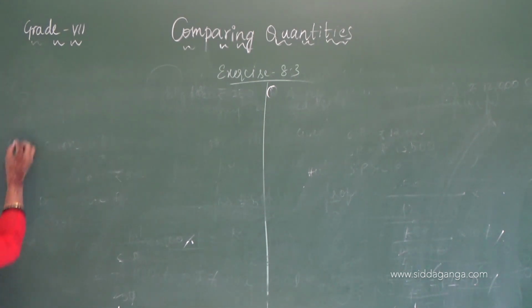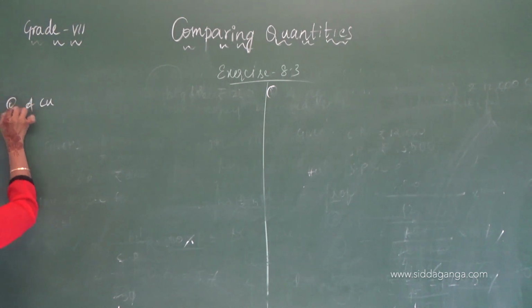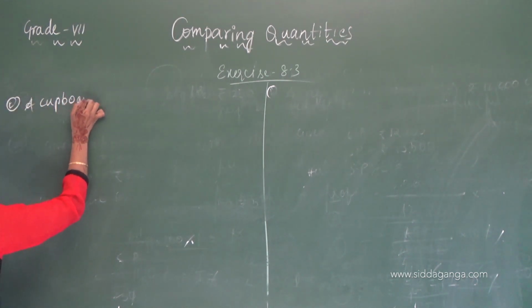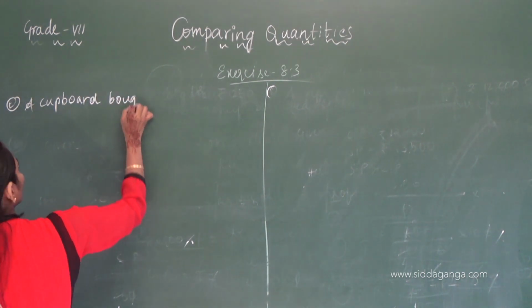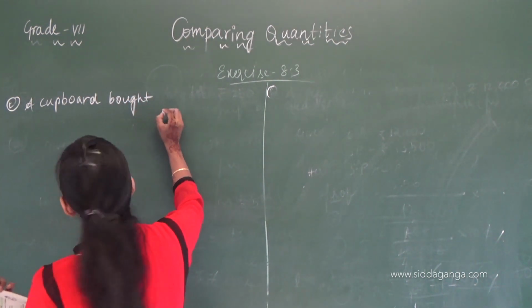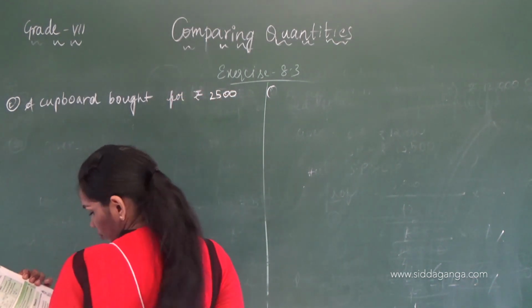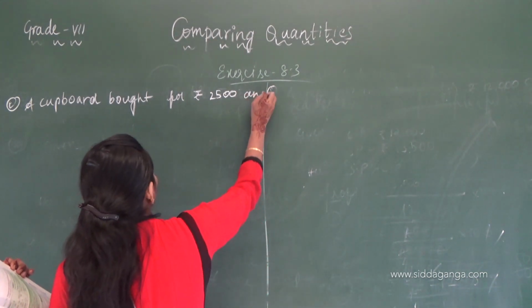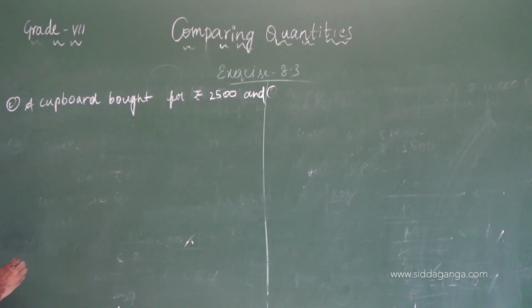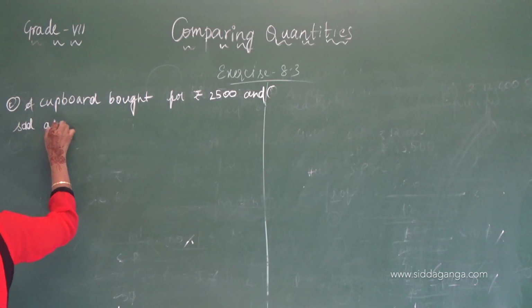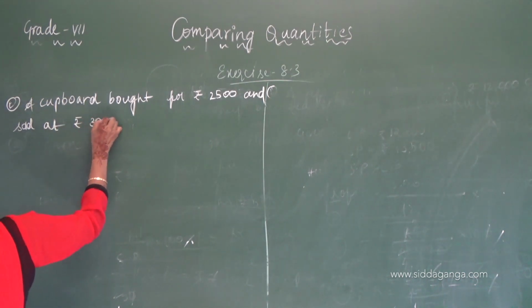A cupboard bought for rupees 2500 and sold at rupees 3000.